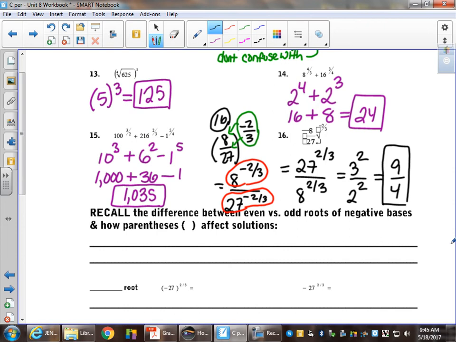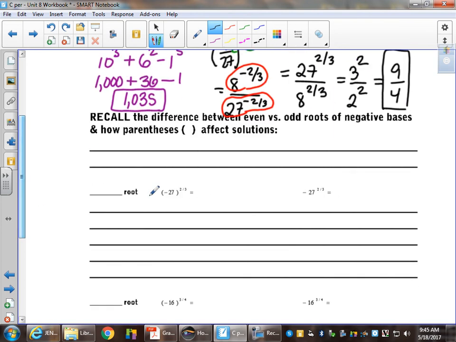So 16 is a great example of how our exponent properties come back. Let's take some notes. So we've talked about negatives often, but let's formalize our conclusions. So our first little piece here, what root are we talking about in these two? 3. So in general, is that odd or even? So we're going to make a conclusion about odd roots first.